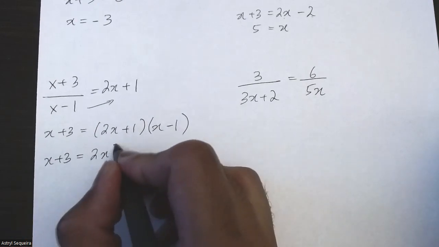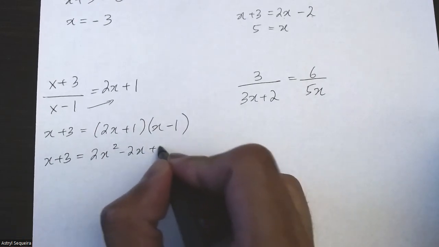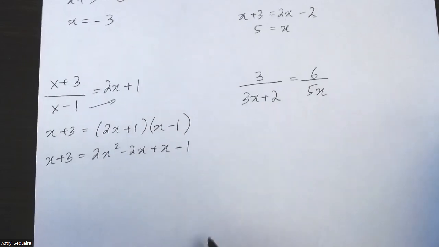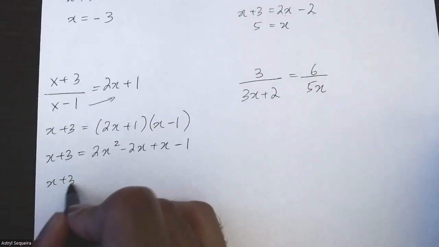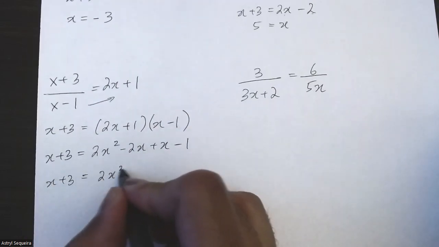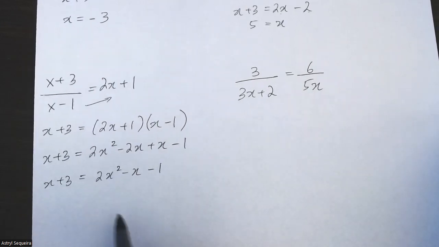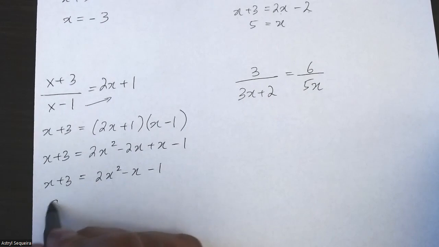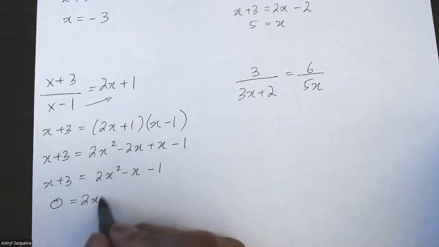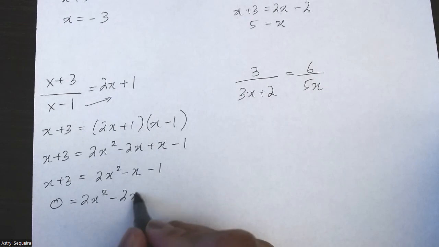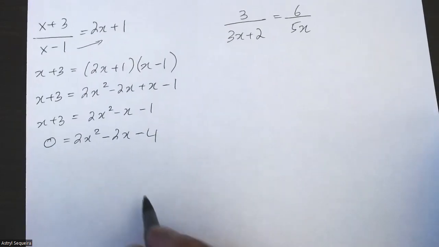It's going to be 2x squared minus 2x plus x minus 1. And if I combine like terms, it's just 2x squared minus x minus 1. And then I want to move these two terms to that side. So 0 equals 2x squared minus 2x minus 4. Now we just want to factor this and get our solutions.